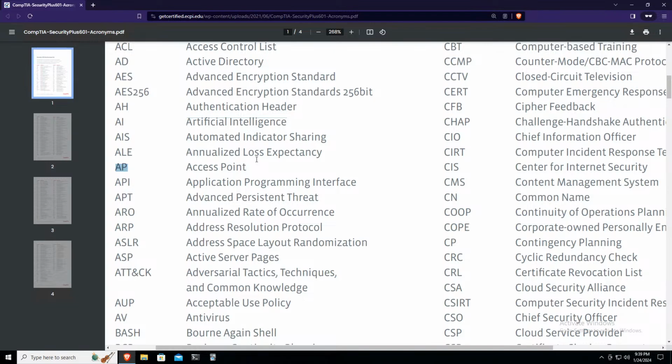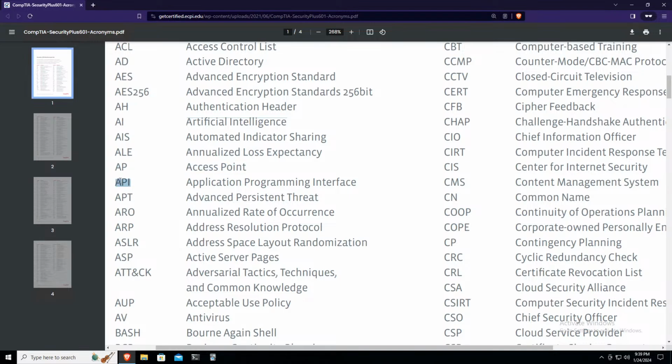Some of them are powered over Ethernet using PoE, or power over Ethernet, but some of them require their own power source. So access points are huge in the networking space, huge for businesses, IT businesses, and can be configured and remotely managed by a network admin.